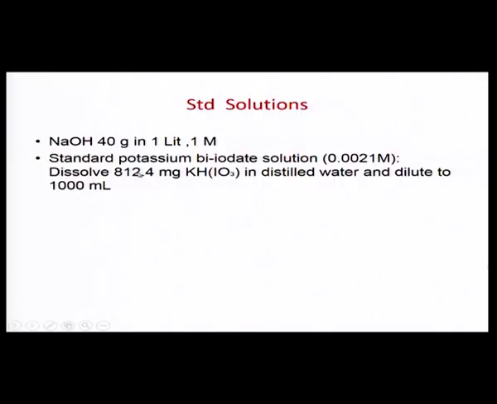Suppose we dissolve 812.4 milligram of potassium biiodate in 1 liter and dilute, we will get a 0.0021 molar solution. So, based on the molecular weight, knowing the nature of the substance, we can calculate the strength.